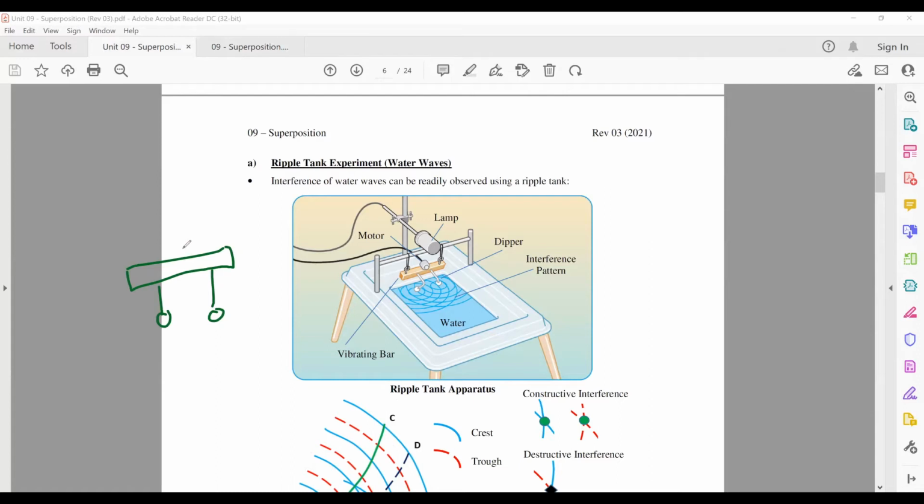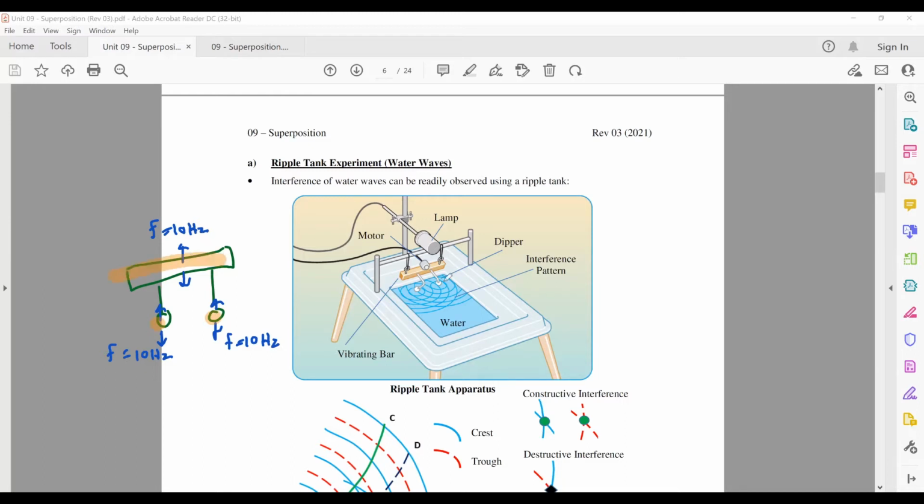If your vibrating bar is vibrating with a frequency of 10 Hertz, obviously your dippers connected to the vibrating bar will also be oscillating at the same frequency of 10 Hertz.